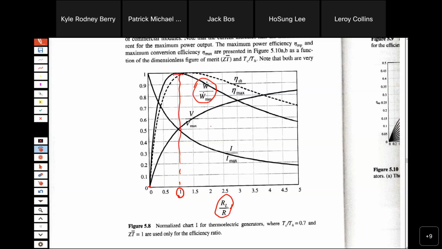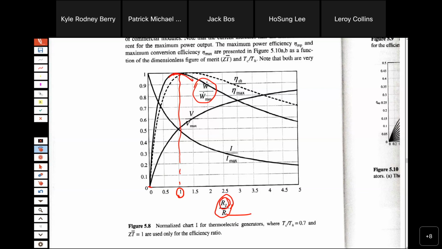So that makes good sense. R is whatever the module has as its internal resistance property, but RL is optional. You can put anything, but RL over R equal to 1 is maximum power. That's a beautiful theory.